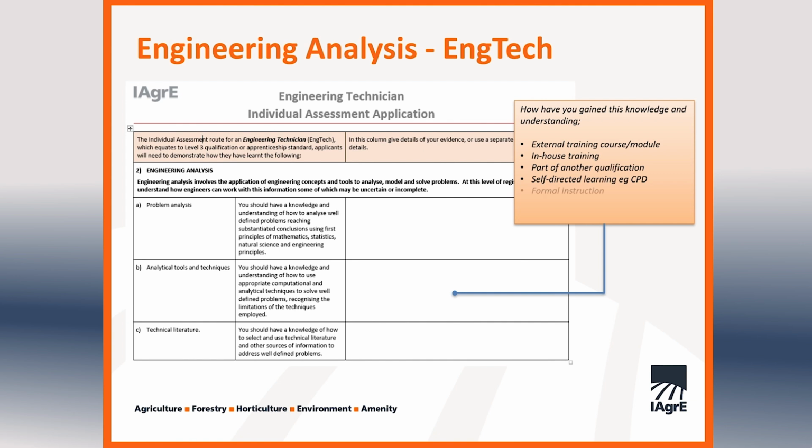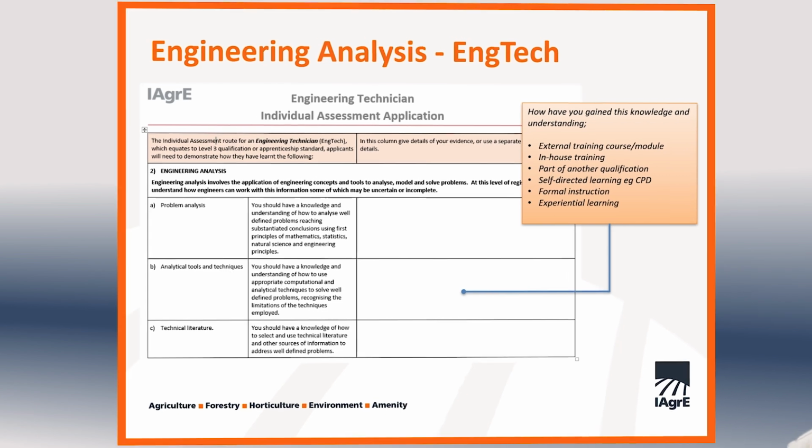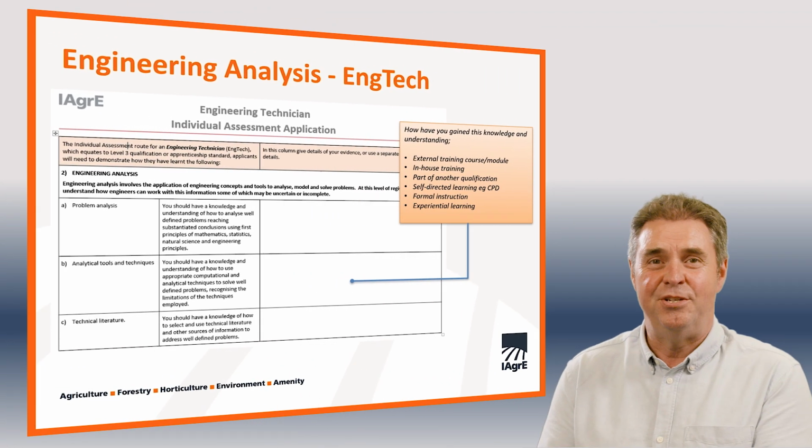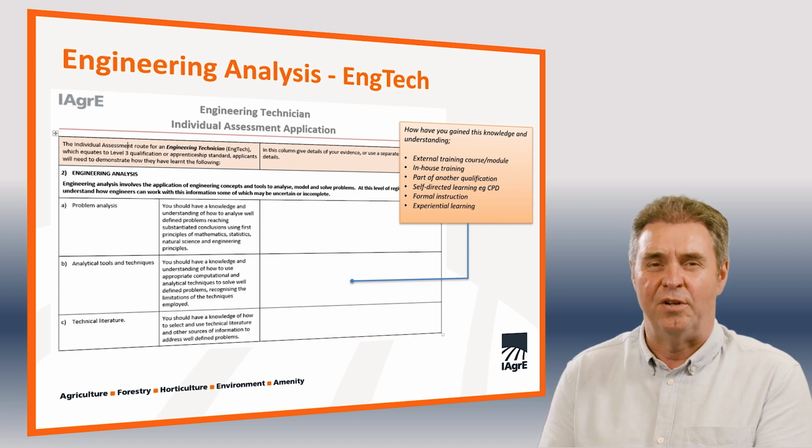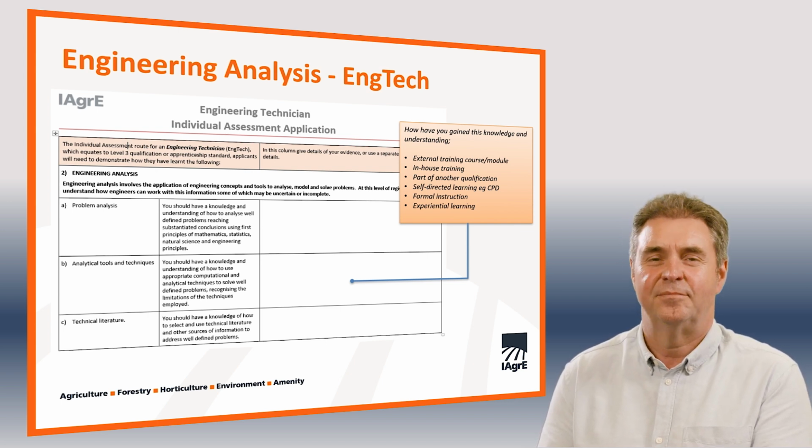You may have been instructed on how to do it by a qualified, competent person. Or you have simply learnt it as you've gone along by experimenting. As you can see, there are a number of ways you can evidence how you've gained this knowledge and understanding to meet the learning outcome. You just need to think about what you've done in your career to have achieved it.